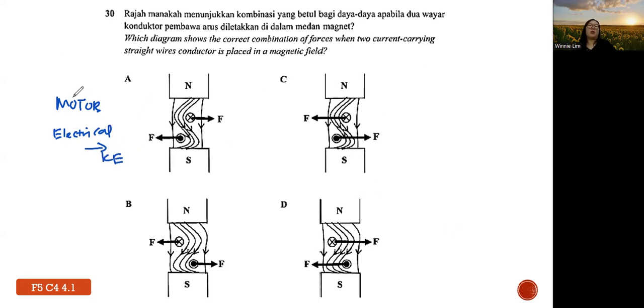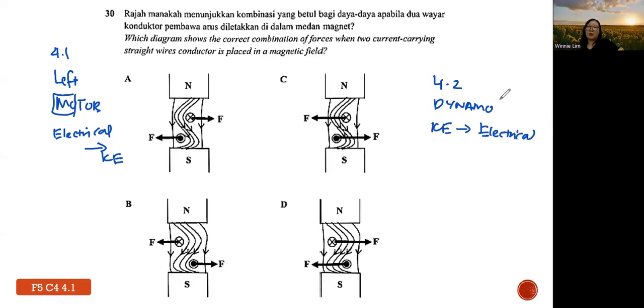So the motor is located on the left side, that's why you use Fleming's left hand rule. Remember, if it is the other concept, 4.2, then I will always use the dynamo idea, where it is vice versa: you are changing kinetic energy to electrical, or you induce EMF. So the motor is on the right, that's why you use Fleming's right hand rule.